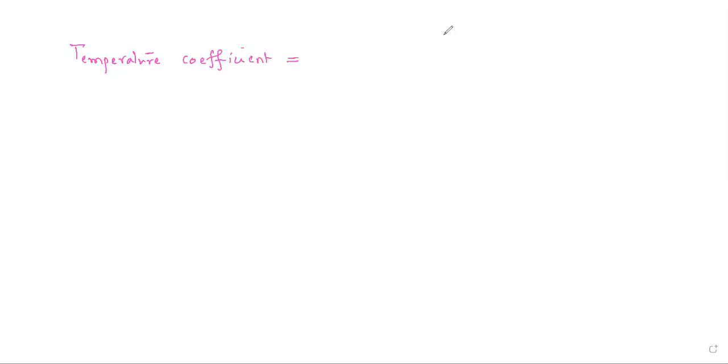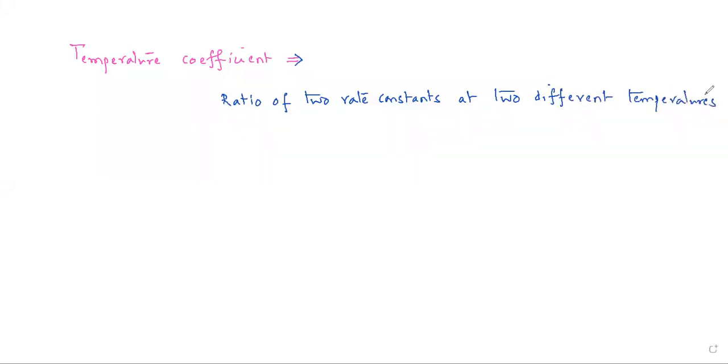So this temperature coefficient is nothing but the ratio of two rate constants at two different temperatures differing by 10 degrees centigrade.